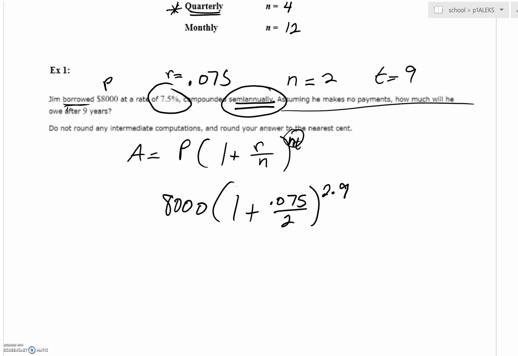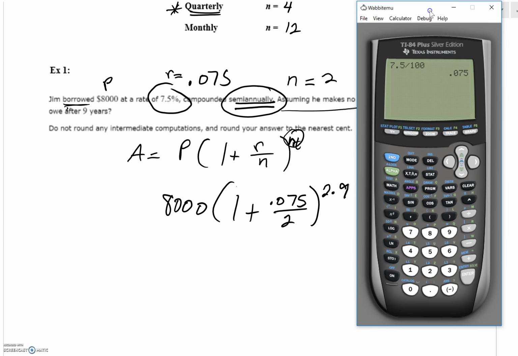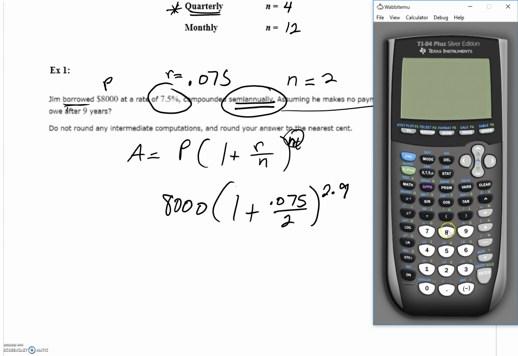And this is where we just let the calculator punch this out for us. So we'll get 8,000, and we'll say 1 plus 0.075 all over 2, bump that up here to N times T, that's 2 times 9.